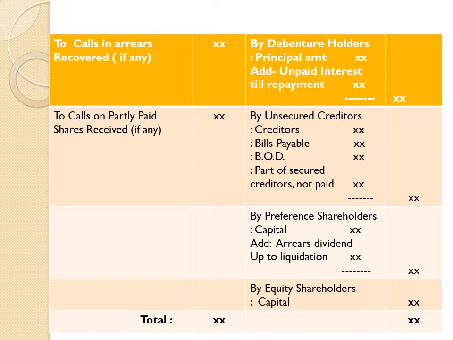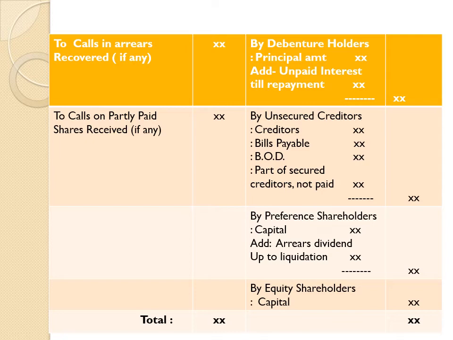Then on the payment side, after preferential creditors, debenture holders are considered: the principal amount payable to them plus unpaid interest till repayment, the total of which is shown as payment to debenture holders.